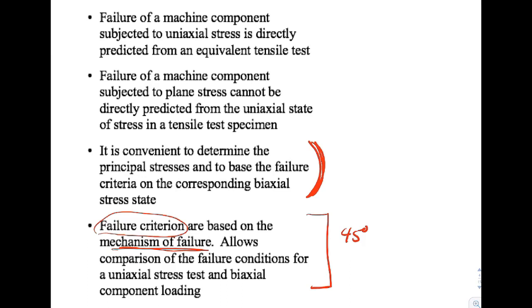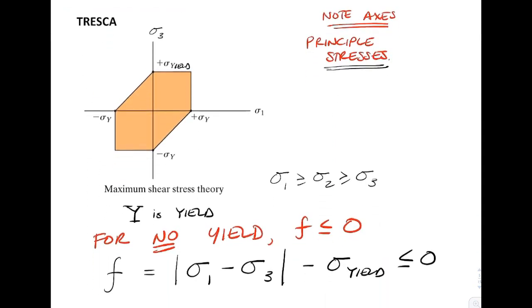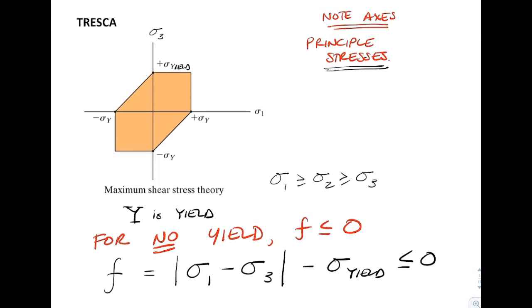So this criteria is going to be founded on calculating the maximum shear stress in a biaxial stress state. So the first criteria is the Tresca, or the maximum shear stress criteria.